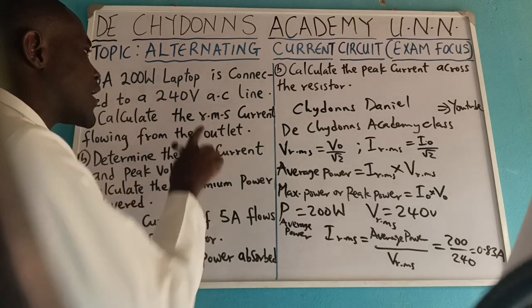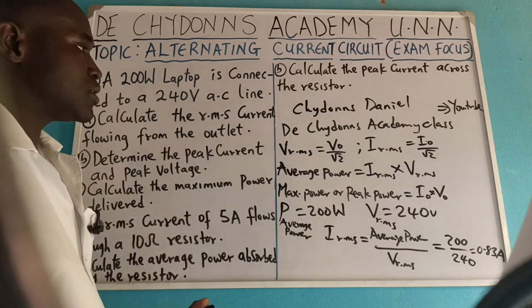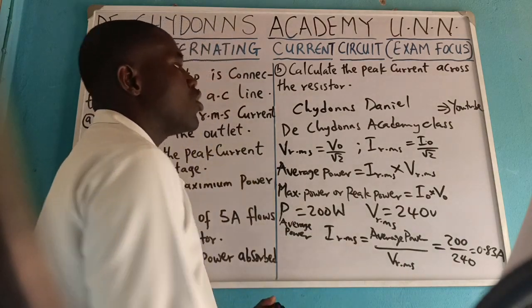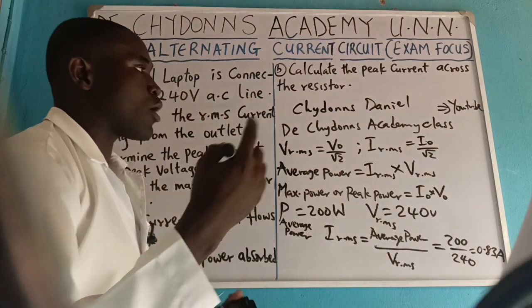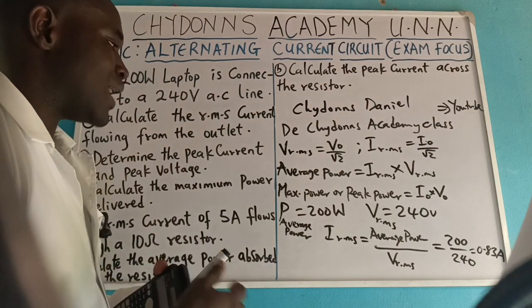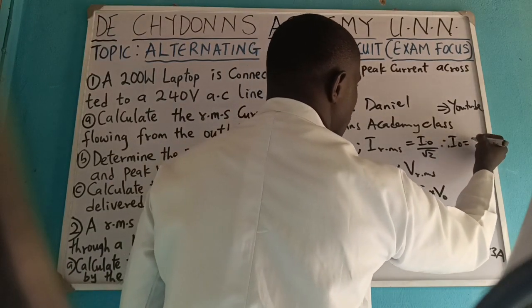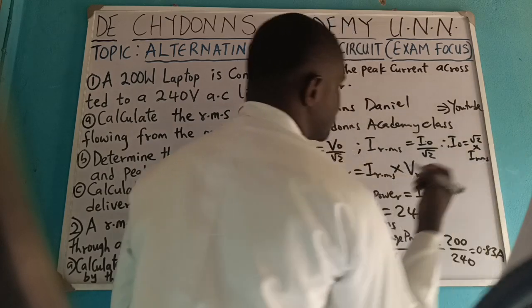Determine the peak current and peak voltage. If you are able to get your root mean square current, you can get your peak current or maximum current. How do you do that? You tell them that therefore maximum current is equal to root 2 times the root mean square current.